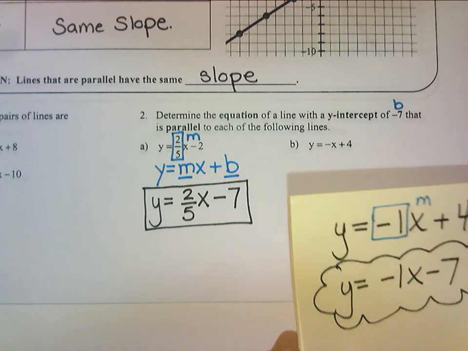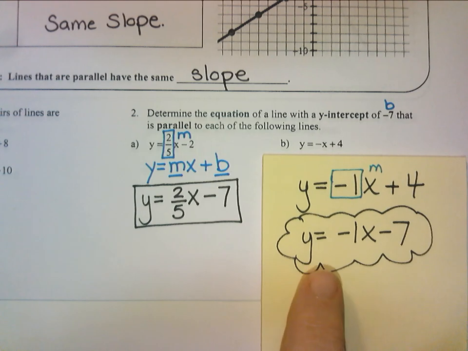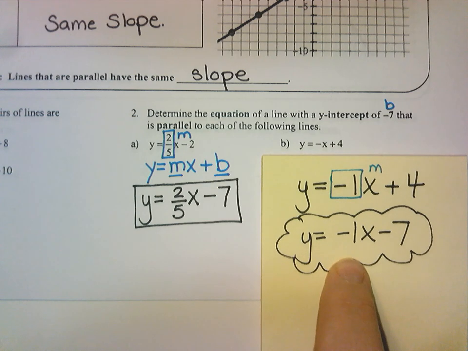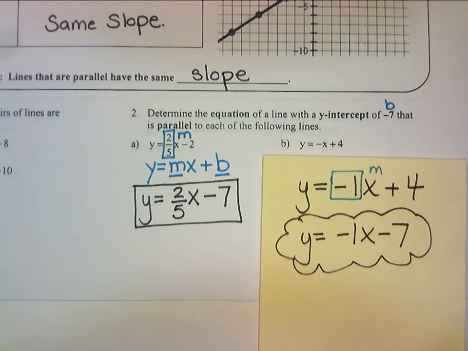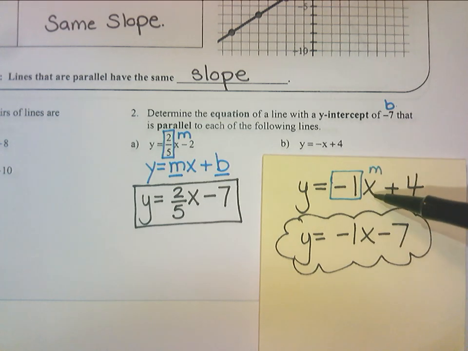Okay, hopefully you paused it and you tried it. So I ended up with y equals -1x minus 7. It had that y-intercept of -7, and then here the slope was secretly a -1. So our equation should have been y equals -1x minus 7.